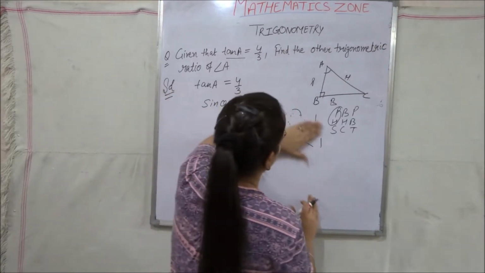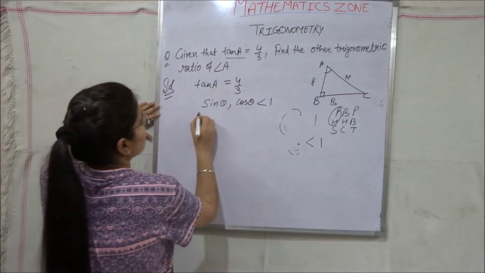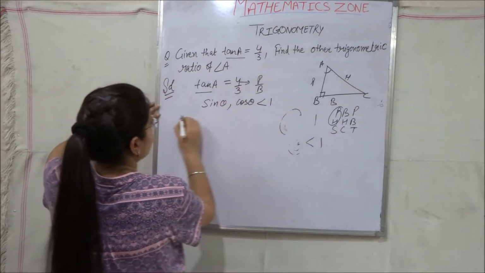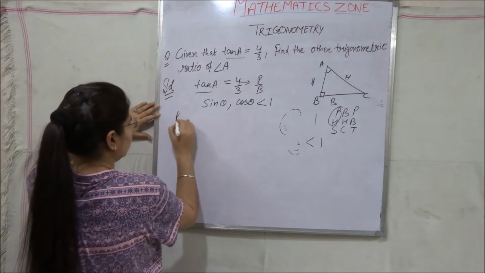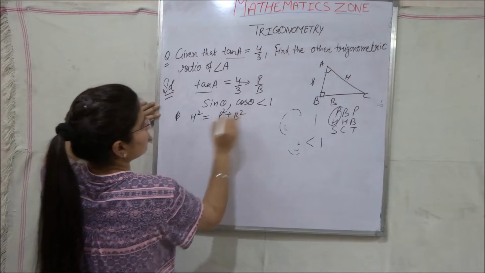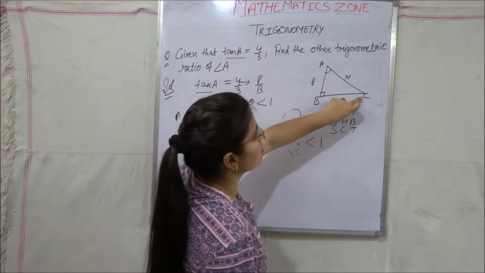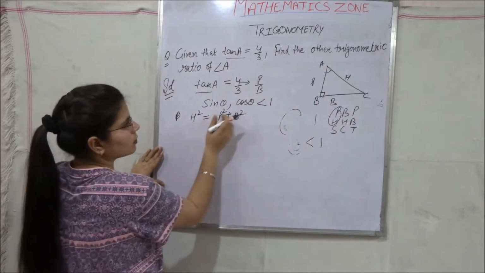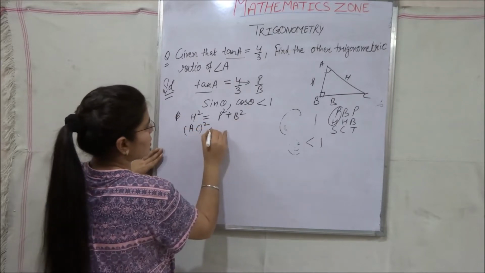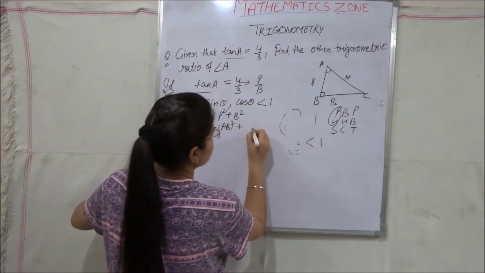Now, we will find the trigonometric ratios. Now, tan A is P upon B. So, let us consider the formula H square equals P square plus B square, because we have that AC square equals AB square plus BC square. Hypotenuse is AC. So AC square is equal to AB square plus BC square.